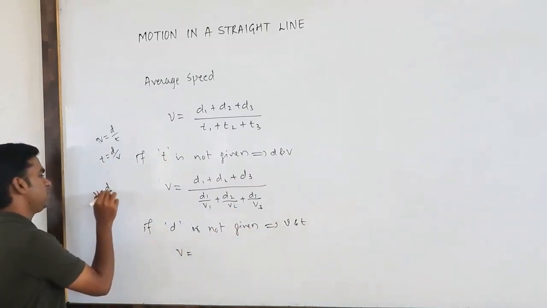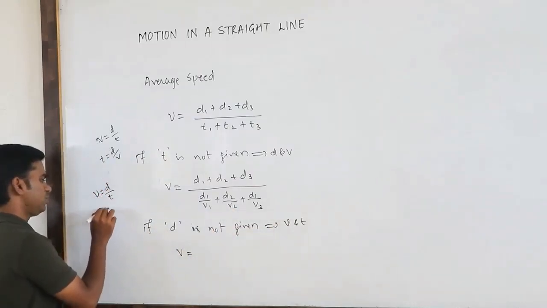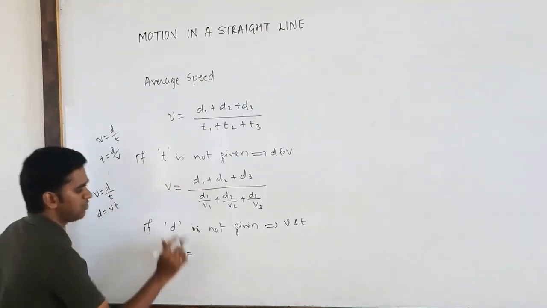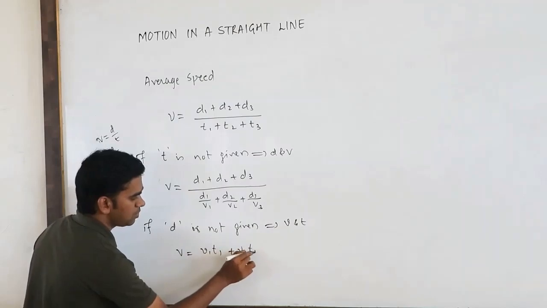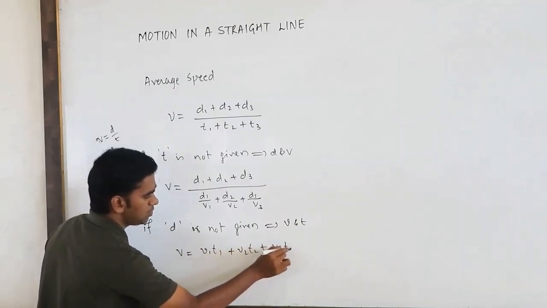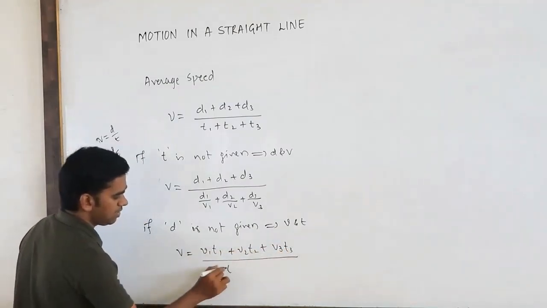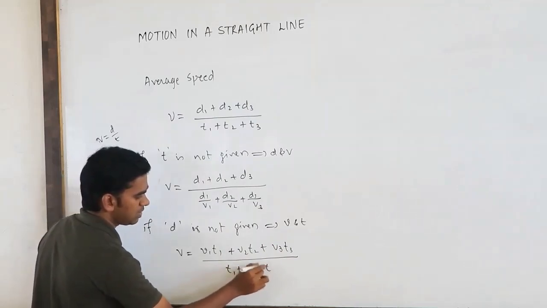We know that v equals d by t, so d equals v into t. So in place of d1, you write v1 into t1 plus v2 into t2 plus v3 into t3, whole divided by t1 plus t2 plus t3.